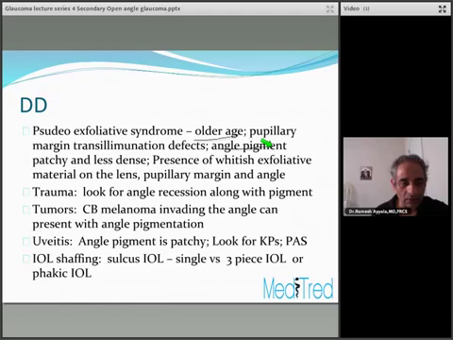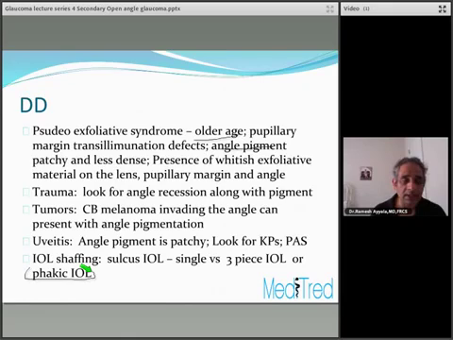And intraocular lens chafing. The patient had a complicated cataract, the lens stuck in the angle or in the sulcus, single-piece versus three-piece IOLs, or presence of phakic intraocular lenses in high myopes. All of these situations can cause rubbing motion of the mid-peripheral iris against the underlying plastic lens and release the pigment.